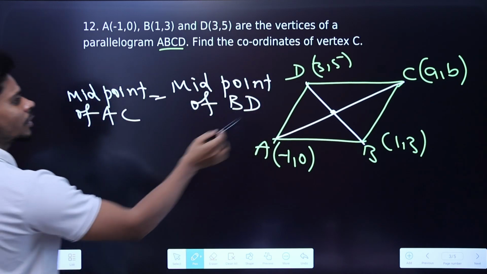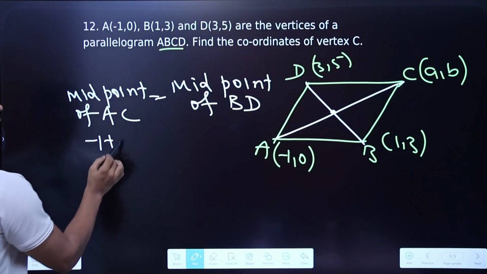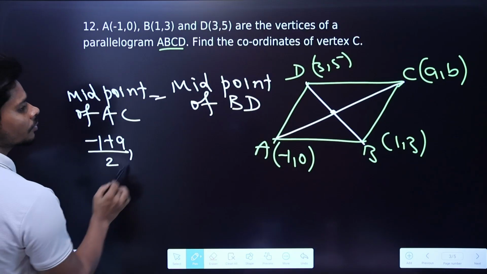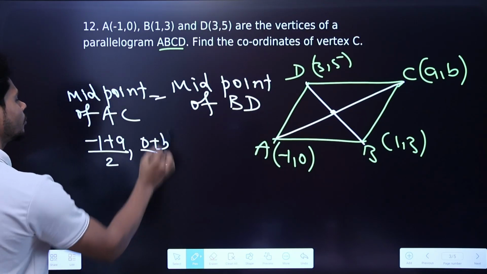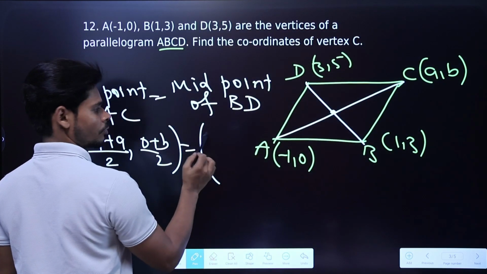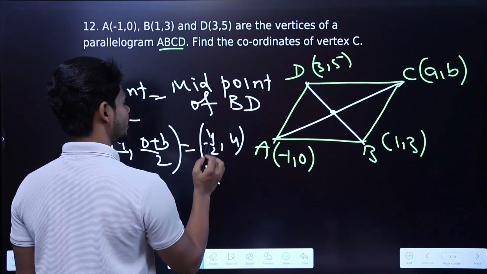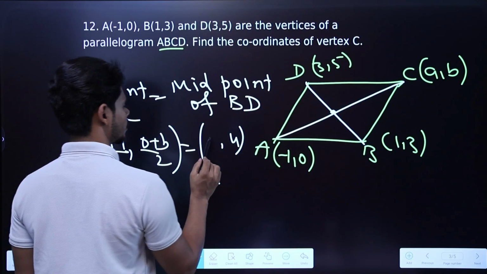So what is the midpoint of AC? Let's first find AC, that is minus 1 plus a divided by 2, then 0 plus b divided by 2, that will be equal to 3 plus 1, that is 4 by 2, then 5 plus 3, 8 by 2, that is 4, and this is nothing but 2. Directly I just found it, right?